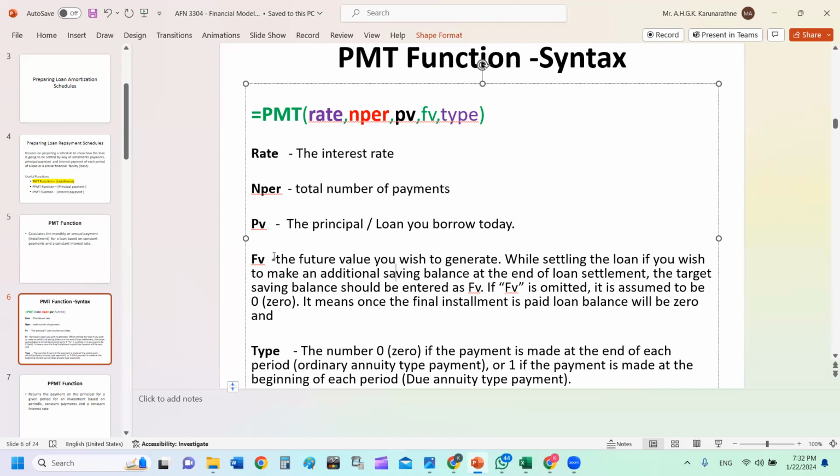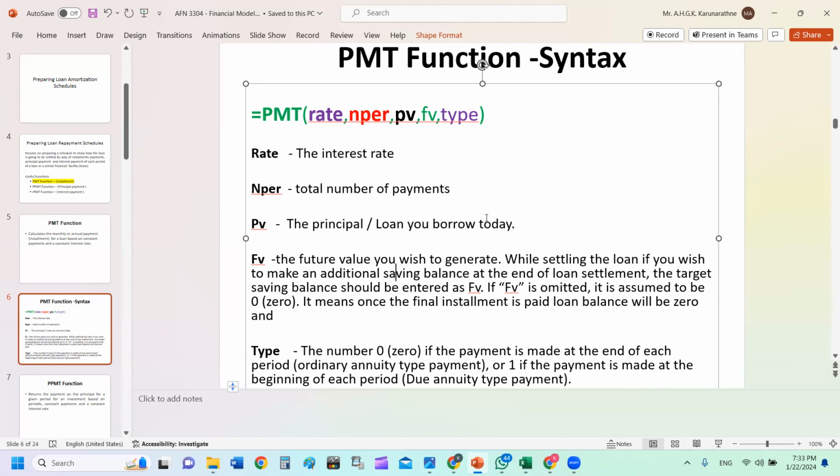Then FV, this is a bit strange thing to you, Lamai. When you borrow a loan and when you start repaying the loan installment, end of the loan period, what happened to your loan balance? Your loan balance becomes zero, right?